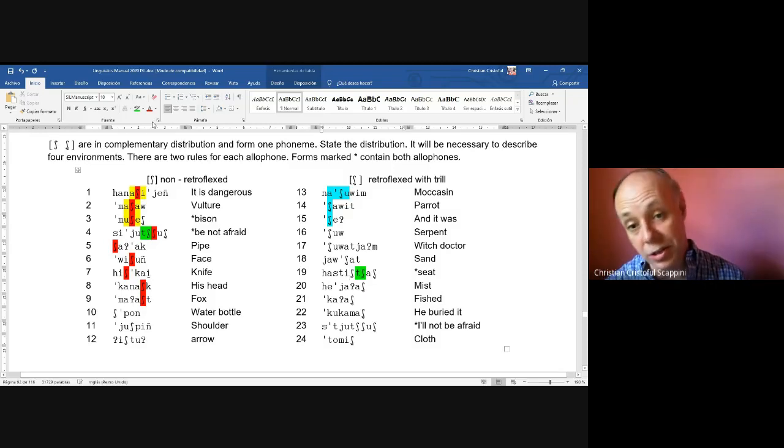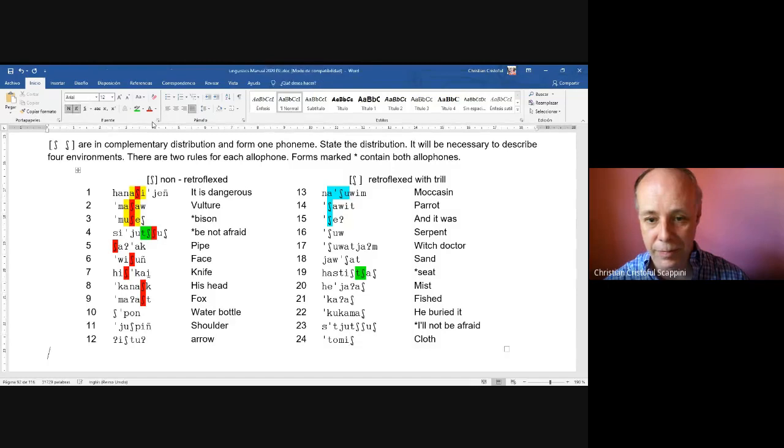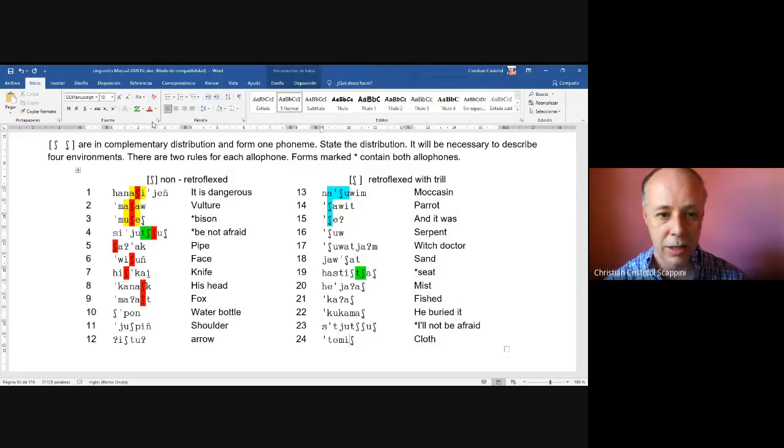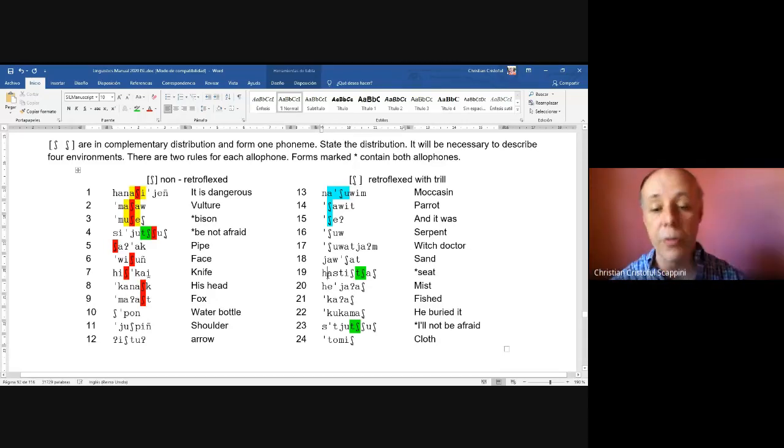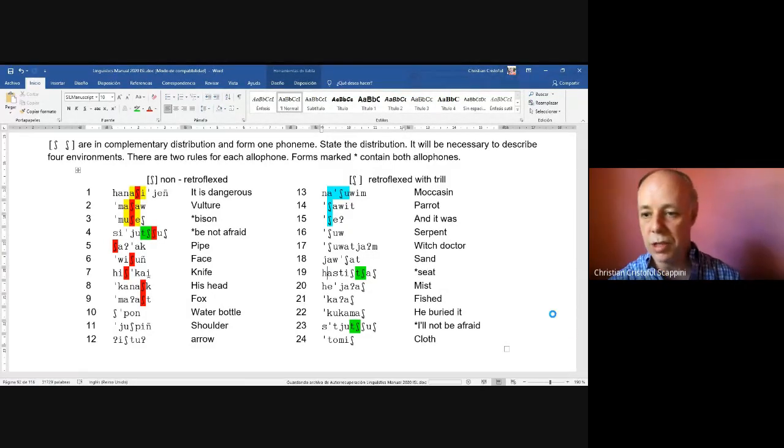Syllable final or word final. This is the ch sound too. Don't get confused with that. Very good. So we have seen different environments, and the instructions say there are 2 rules for each allophone. So I need to see what these rules are. Okay. Wait a minute.